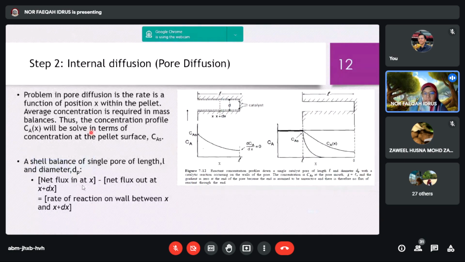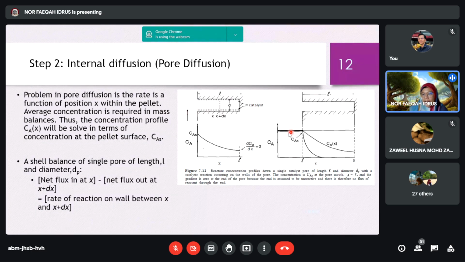Okay, so this is the problem. When we deal with the pore diffusion, we need to consider the concentration gradient at different positions. So this is the pore mouth. Okay, so at this point, and also at this point, it will have temperature gradient.